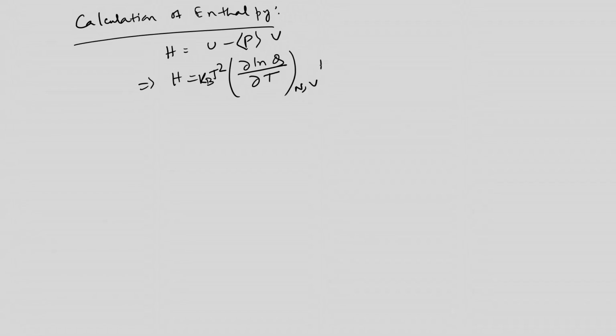And the value of average pressure we just calculated is kBT times del ln Q by del V, or we can write del ln Q by del ln V, at constant N and beta.